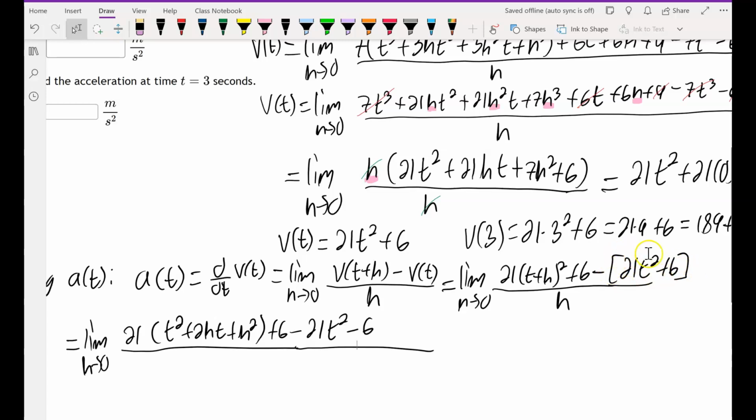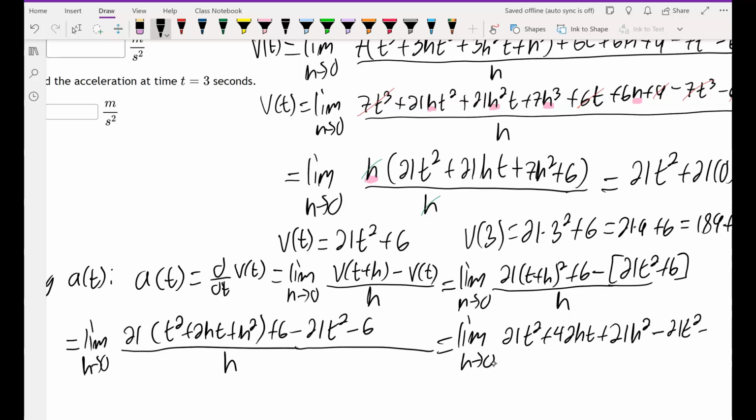And this is why I put it in brackets, so that we don't confuse it with just negative 21t squared plus 6, to make sure that the 6 is actually a negative sign. Okay, and so this equals the limit as h approaches 0, we distribute the 21, so we get 21t squared plus 42ht plus 21h squared minus 21t squared minus 6 all over h.